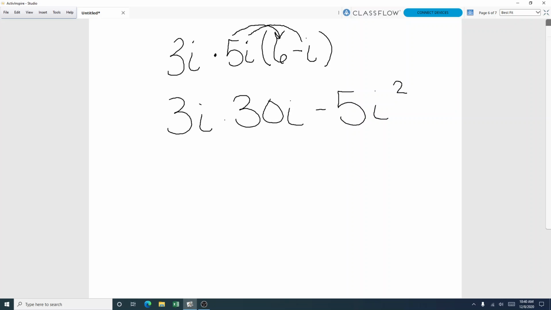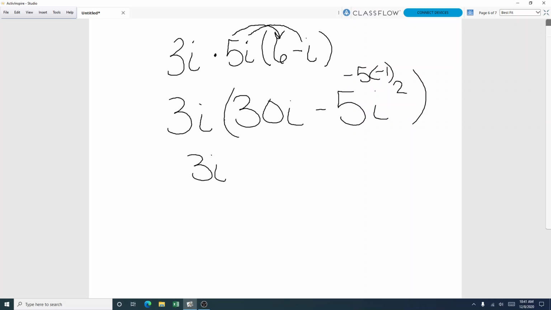Okay, so 30i, I'm going to go ahead and put this in parentheses. What is my i squared? -1. So -5 times -1 is what? 5.